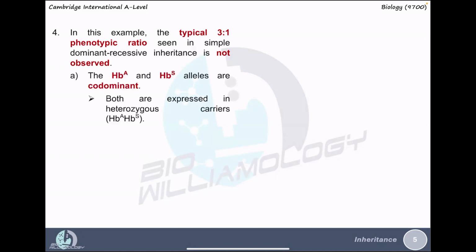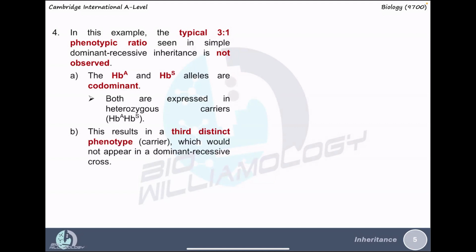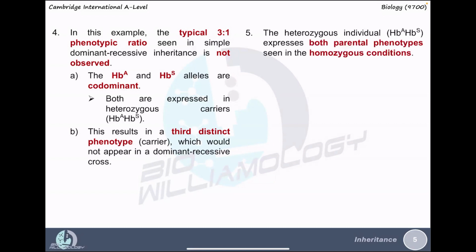The HBA and HBS alleles are codominant, so both are expressed in the heterozygous carrier. This results in a third distinct phenotype, which we call a carrier, that would not appear in a dominant-recessive cross. The heterozygous individual expresses both parental phenotypes seen in the homozygous condition.